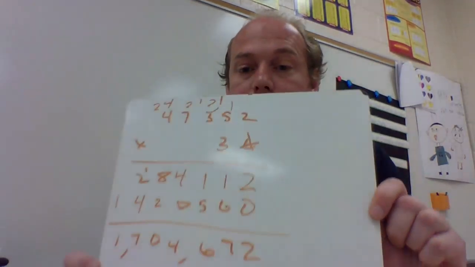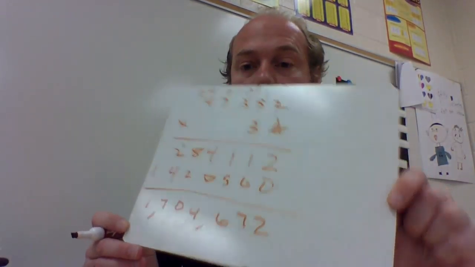So we got a big number. We've got 1,704,672. So that's a really big number. And I might venture to guess that you might not even see that number. And you know, that's fine if you don't.